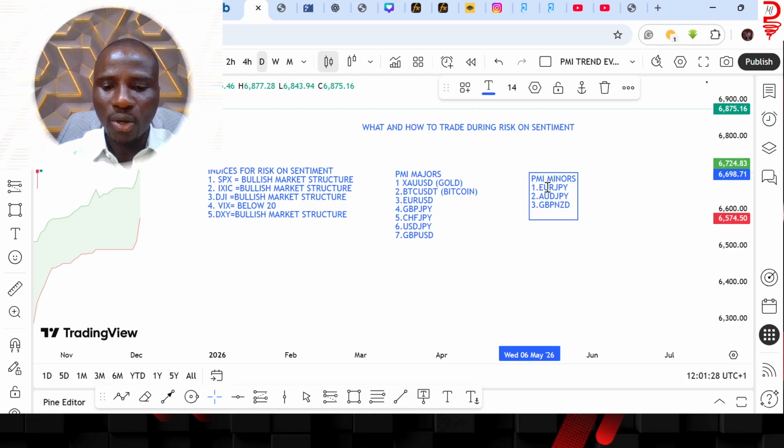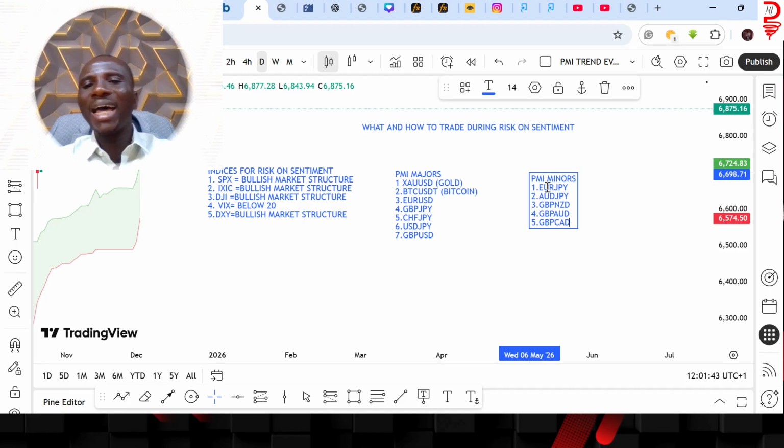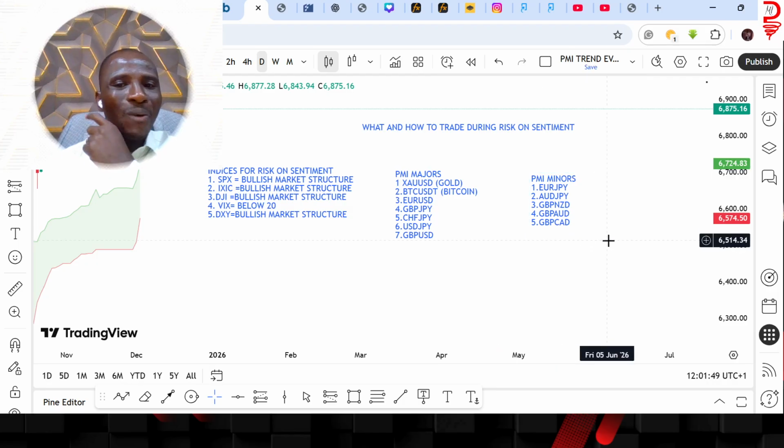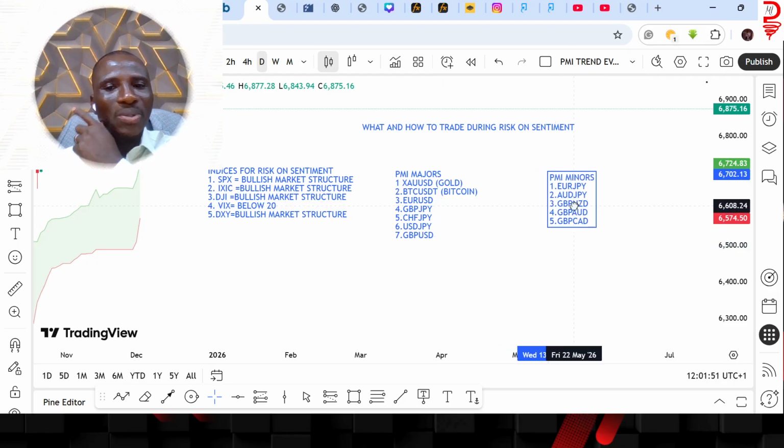We also have number 4, GBP AUD. Then lastly, we have number 5, GBP CAD. Aside from these assets that we have identified, we hardly go outside of this major category and minor category. So it makes our analysis so easy for us.